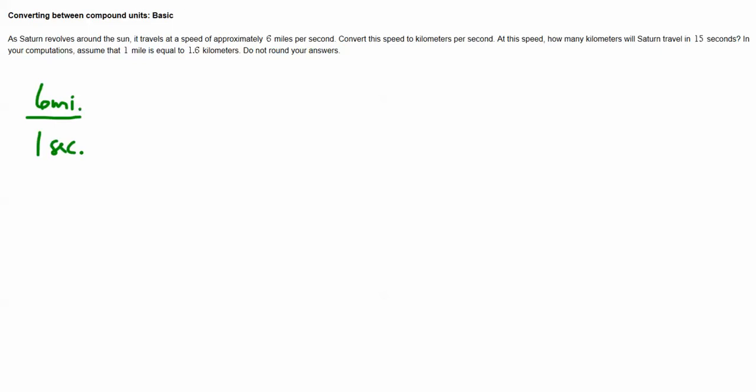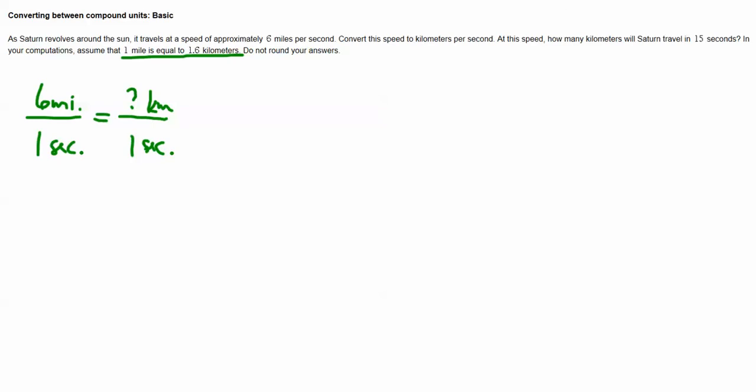Convert this speed to kilometers per second. So original information given is 6 miles per second. They're asking us to determine how many kilometers per second is that. At this speed, how many kilometers will Saturn travel in 15 seconds is our follow-up question. Assuming in your computations that 1 mile is equal to 1.6 kilometers, and we are not to round our answer.